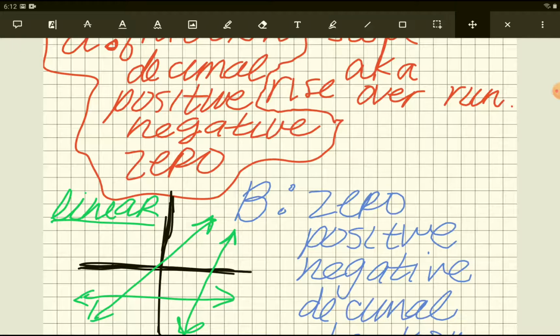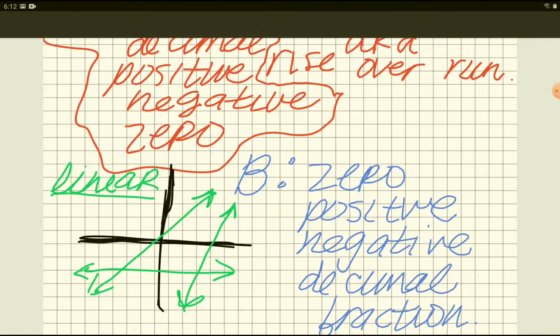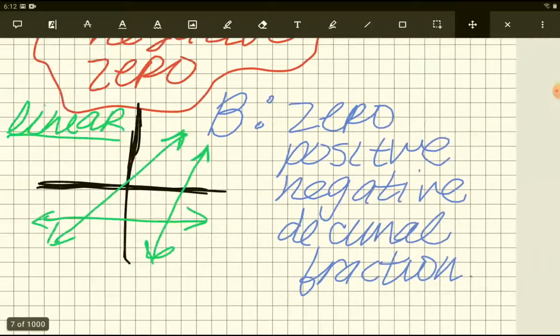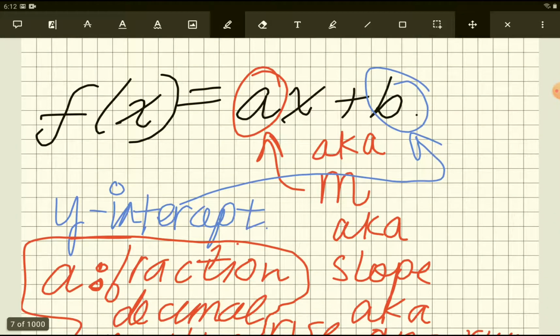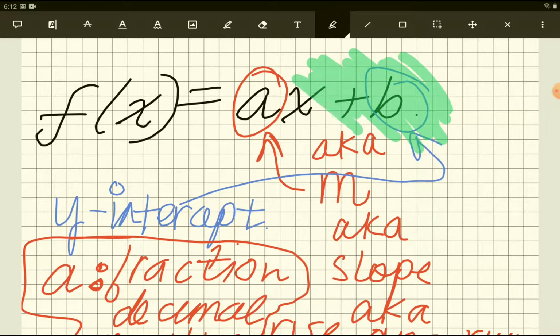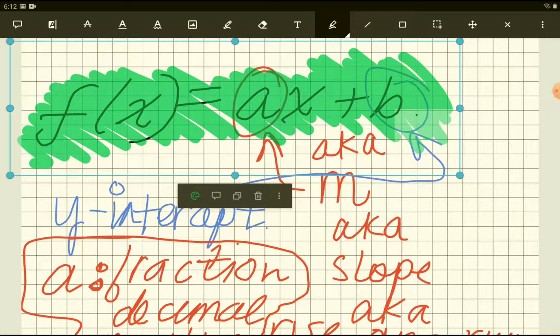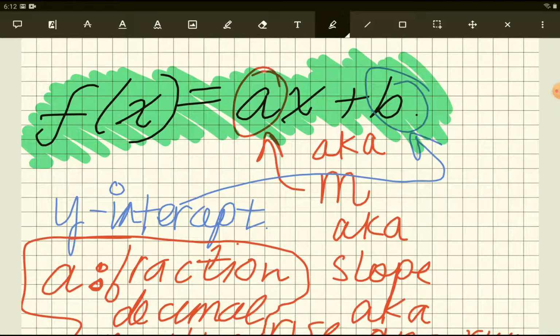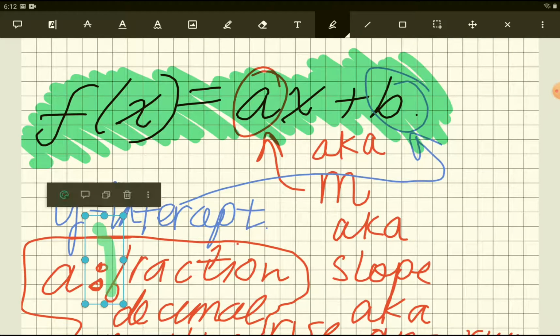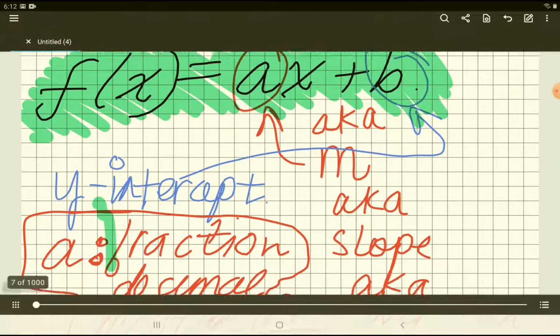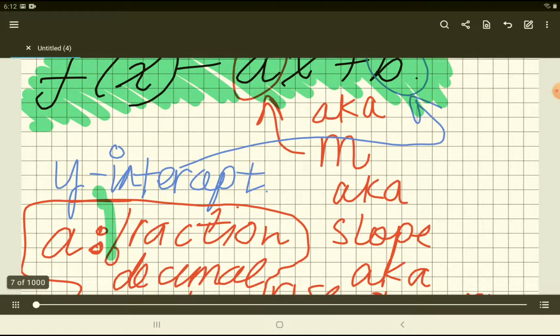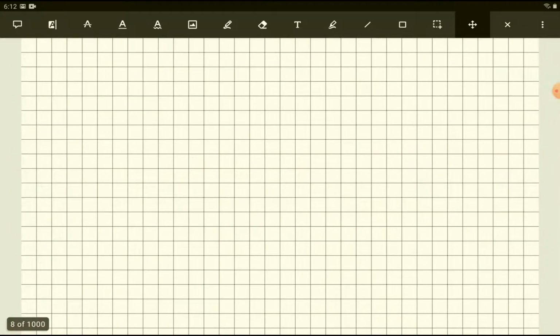So it has to just be a straight line. You also know how to determine if something is linear based on the format. This is your magic format. You know what each part does?